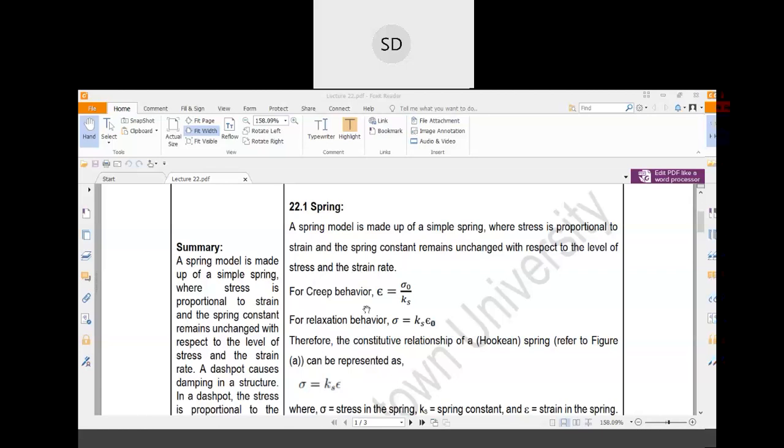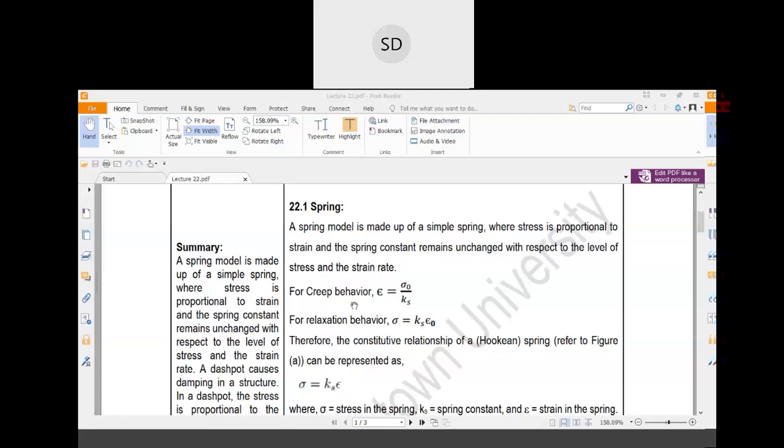Now for the relaxation behavior there would be two conditions: one is creep and another one is relaxation. For the creep behavior your stress is constant, and for the relaxation behavior your strain would be constant.